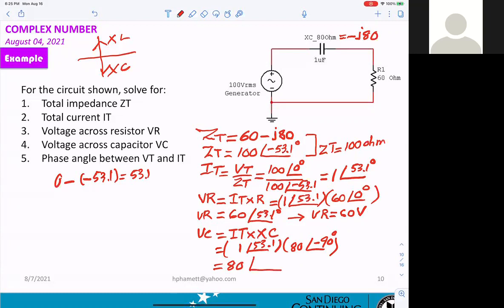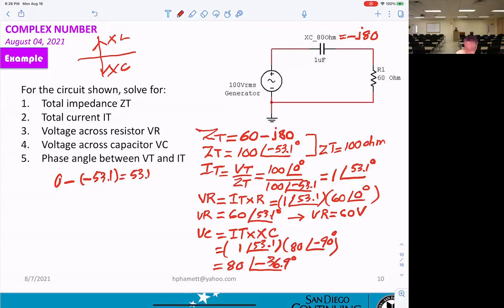The angle is 53.1 minus 90, that is minus 36.9. That's correct. Right. And the value.